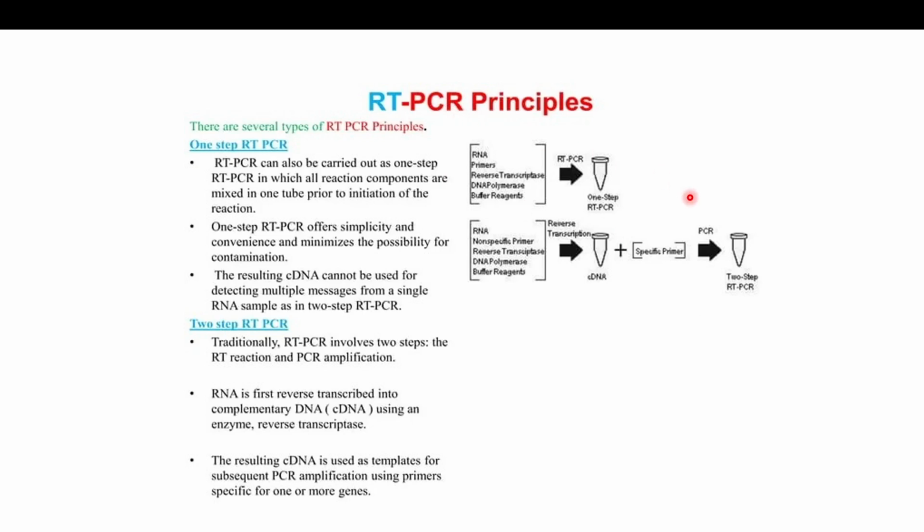Either it can be one step, wherein reverse transcription from mRNA to cDNA and then PCR amplification of the cDNA take place in one tube. Or it can be two-step: first you use reverse transcription to form complementary DNA, and then you PCR amplify the cDNA obtained in that step. Okay, so it can be one-step RT-PCR or two-step RT-PCR.